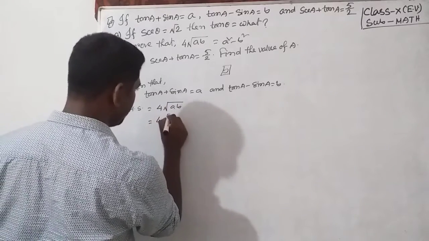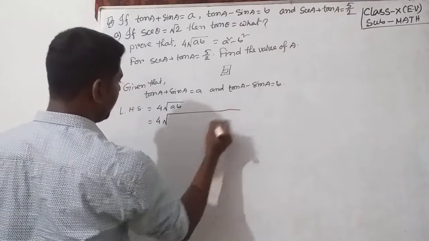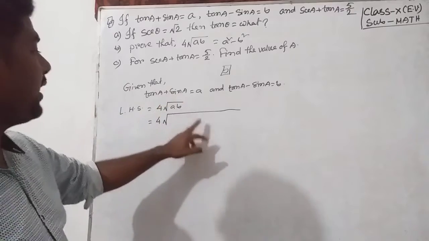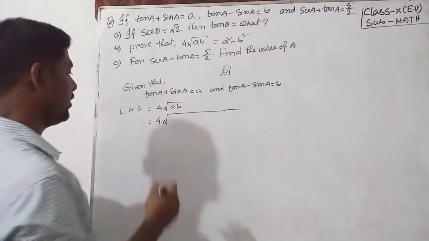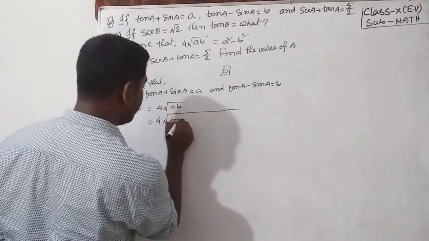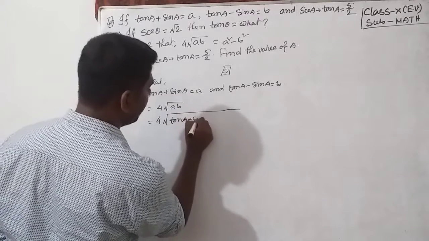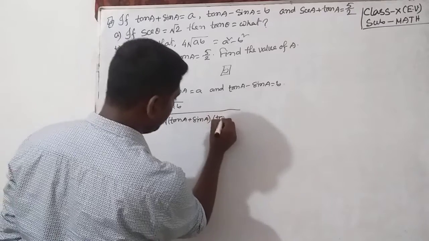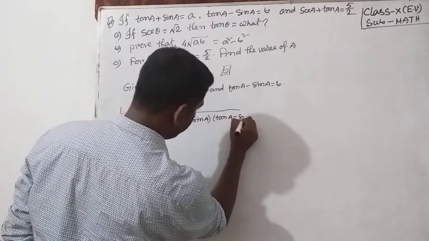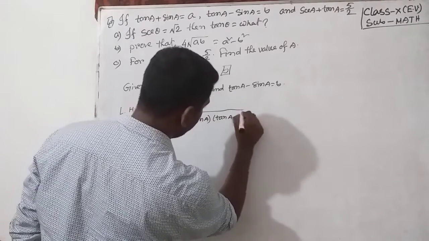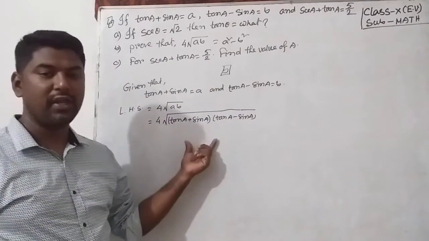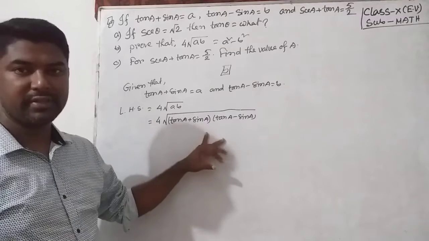Now putting the value of a and b. Here a is tan a plus sin a and b is tan a minus sin a. So we can write tan a plus sin a into tan a minus sin a. Now you look, it is the formula of a square minus b square.